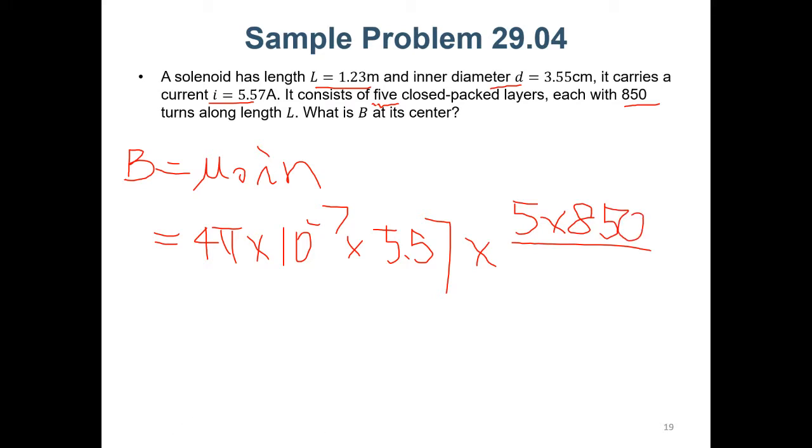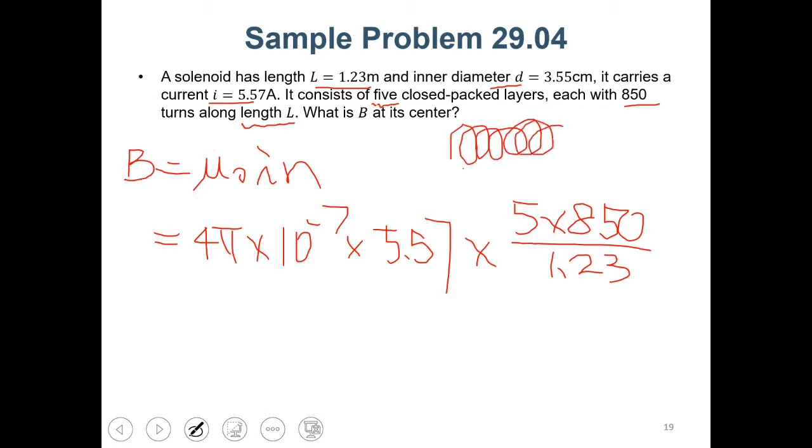And actually, 850 turns along the length L. So the turns per unit length should be divided by 1.23 meters. Which means totally it is something like this.